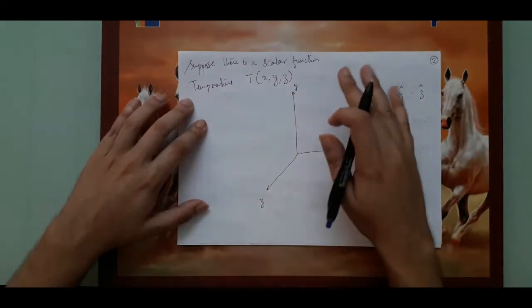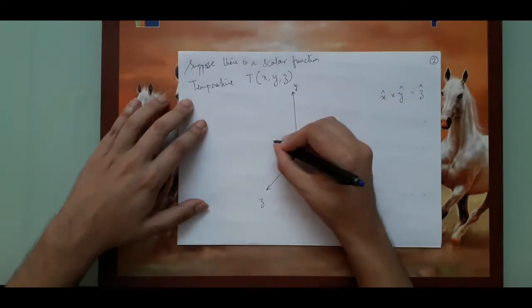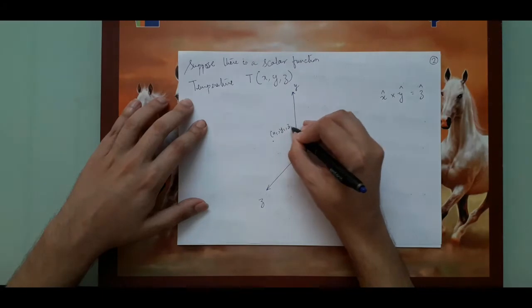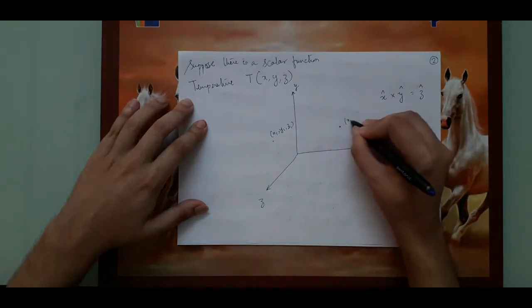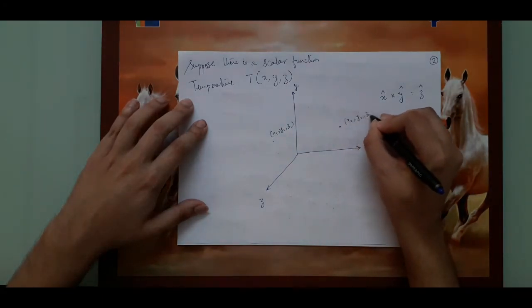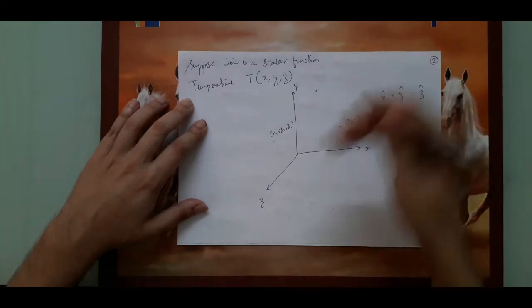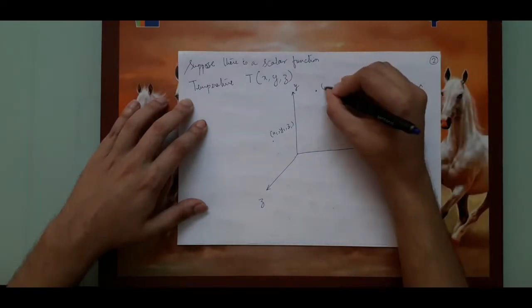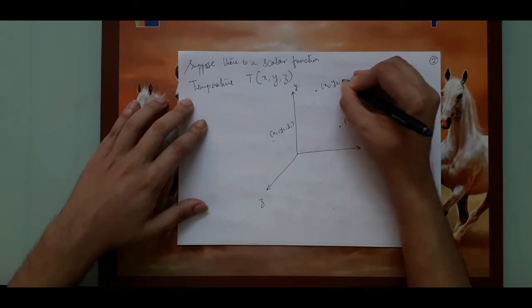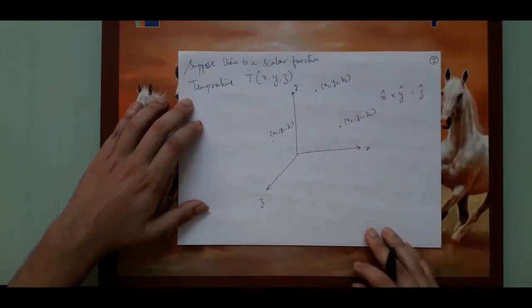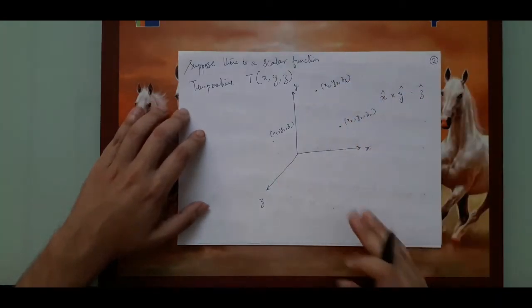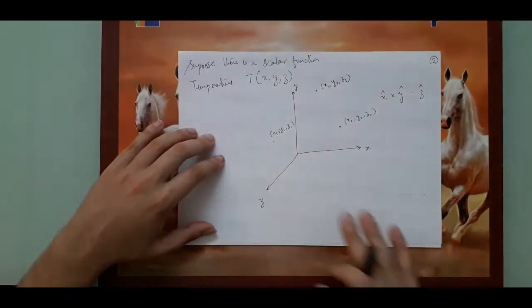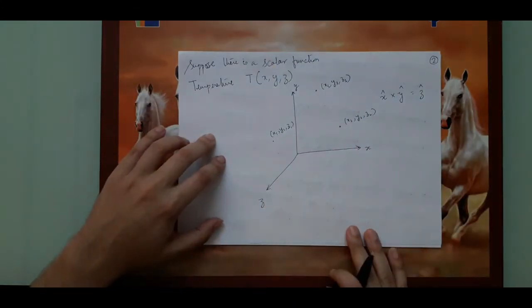So I can have temperature at different points, x1, y1, z1. At some other point it could be x2, y2, z2. Some other point over here could be x3, y3, z3. So at different points the temperature may also vary as a function of x, y and z.